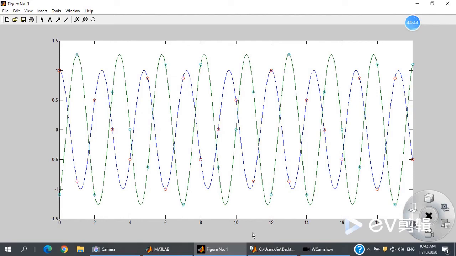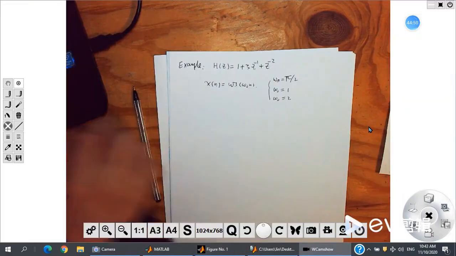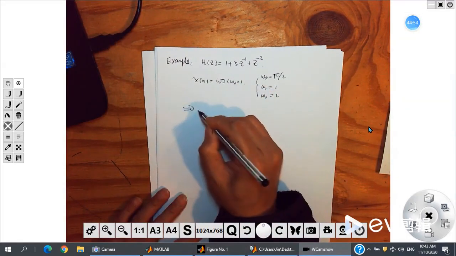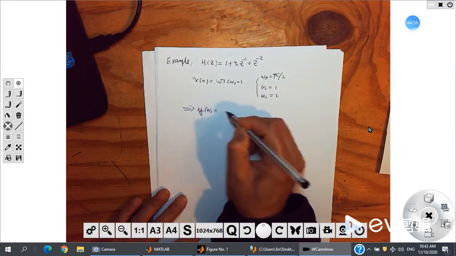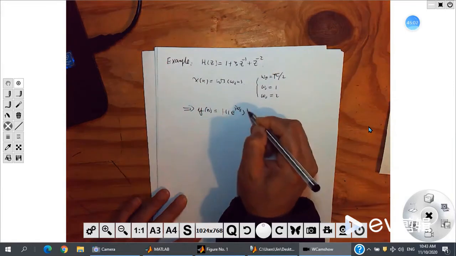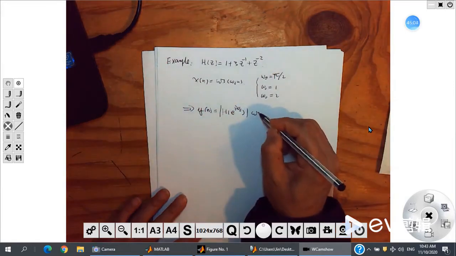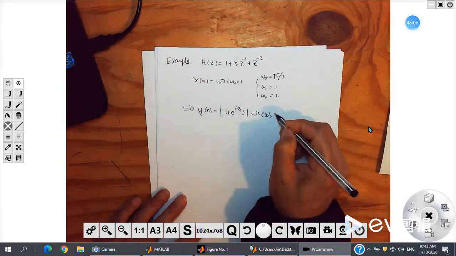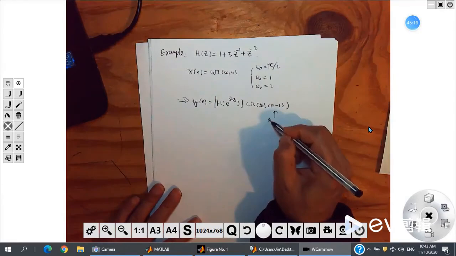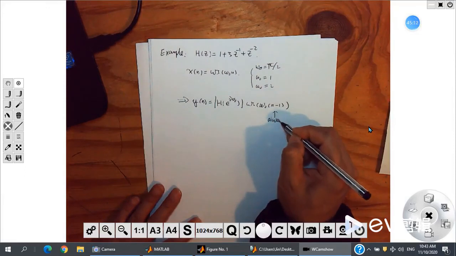Okay, so in this example, we have y of n. It is always the magnitude of H of e to the j omega 0 times cosine of omega 0 times n shifted by 1. Always delay by 1.